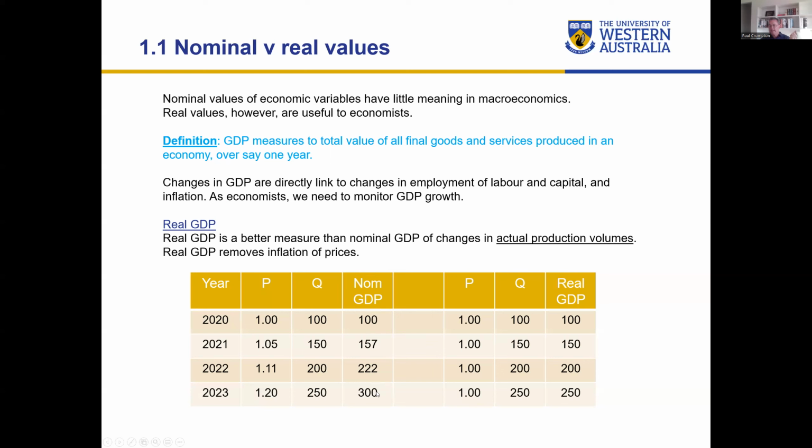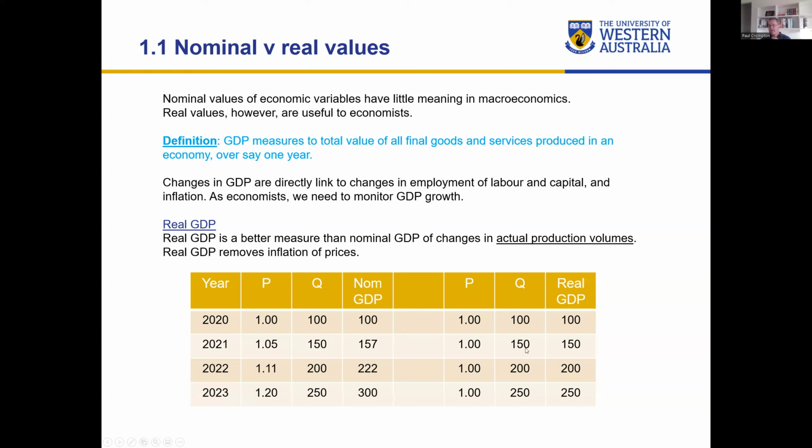But that's a meaningless number, because I could have changed these numbers and got a 3 times increase in nominal GDP simply by increasing the price level by 3 times, with output being constant over that 4-year period.